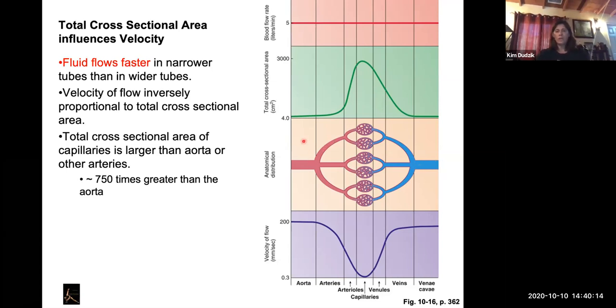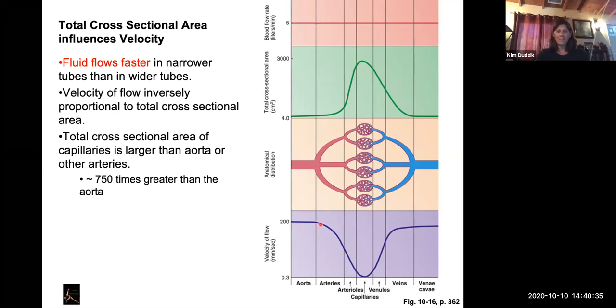So this is showing us, again, at any blood vessel type, the flow is pretty constant over time, at rest. And so we're not looking at vasodilating or constricting right now, just everything is constant, okay?